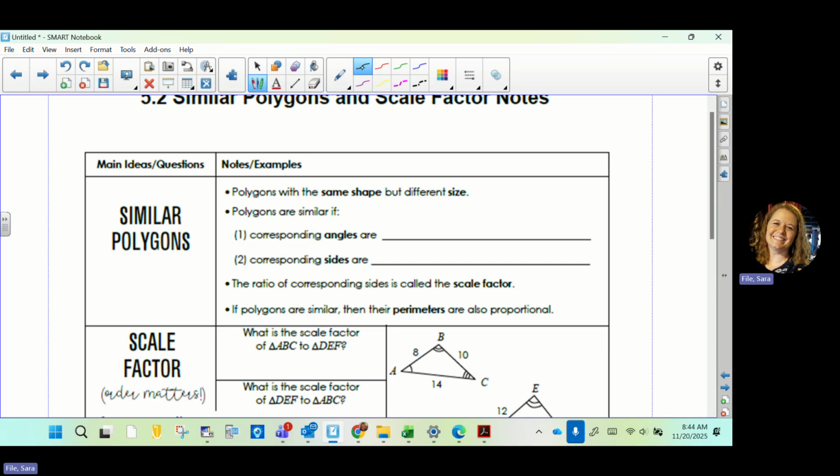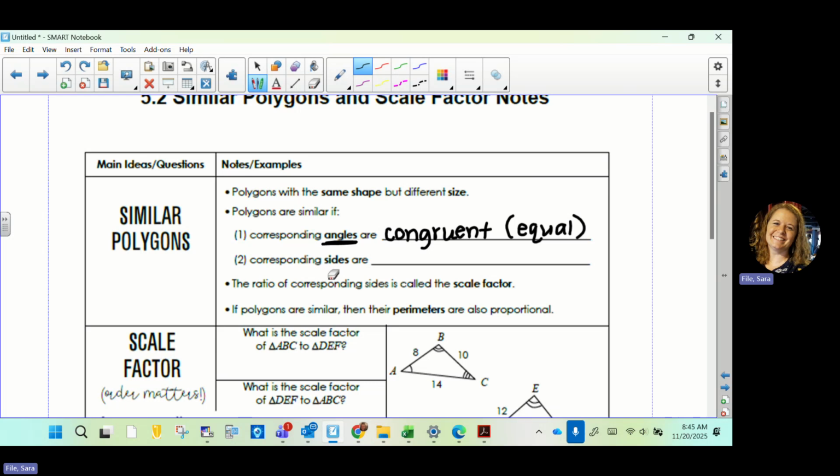So it means that the corresponding angles are congruent. What does congruent mean? The same, exactly the same, equal. So the angles are going to be exactly the same in the two figures, but the sides will be different.